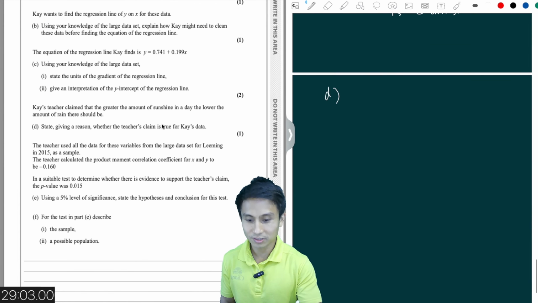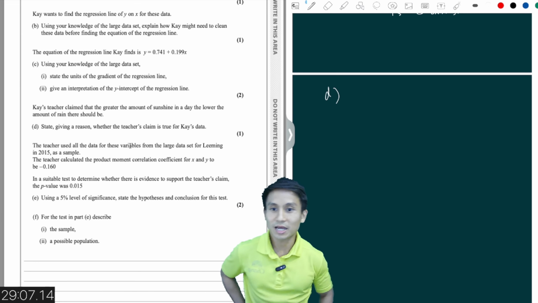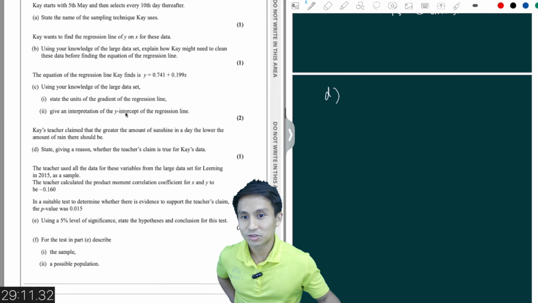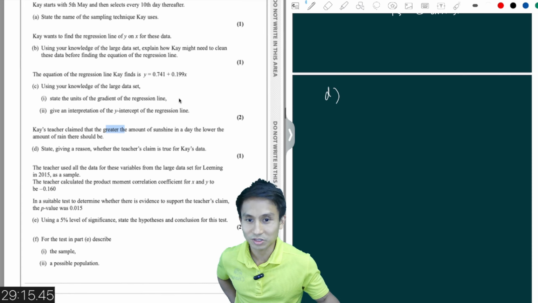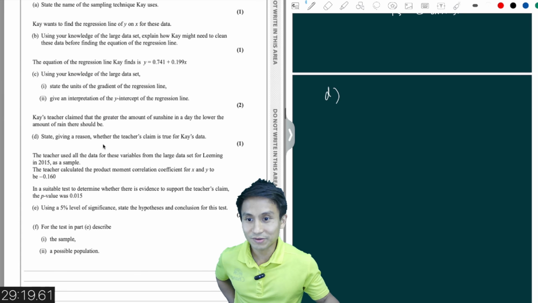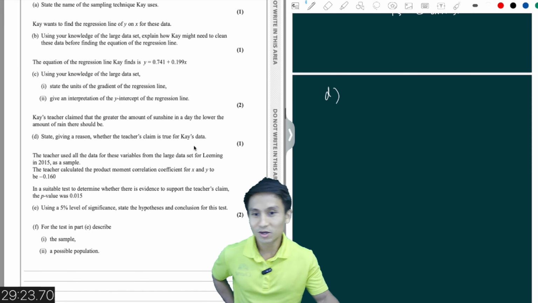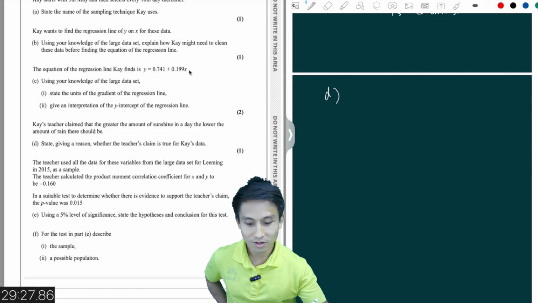Good LDS question. K's teacher claimed that the greater the amount of sunshine in a day, the lower the amount of rain there should be. So the greater, the lower, this is negative correlation, right? State, giving a reason, whether the teacher's claim is true for K's data. Well, if you look at K's data, you should look at the regression line model.